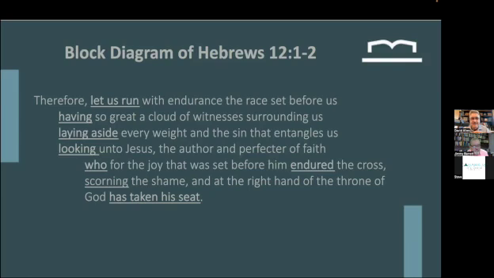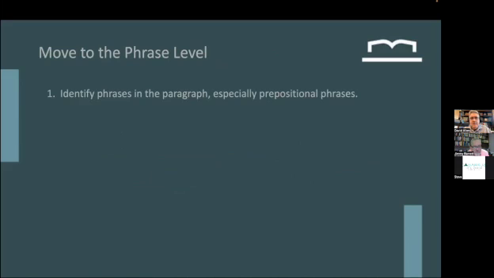All right. Well, so now notice we've been looking at the paragraph level and we have been looking at the clause level, right? So now you're ready to move to the phrase level of your analysis of your text, because you have some phrases here in your text. So you want to be sure to identify the phrases in your paragraph.